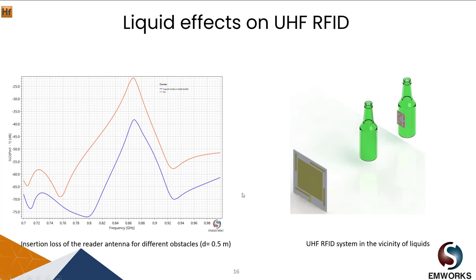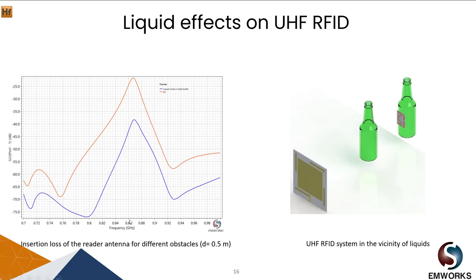To study the effect of the liquids on the performance of our antenna, we put a bottle in between the tag, which is in free space, and now we want to study the effect of the liquid. For this, we put orange juice inside the bottle, in a metallic bottle.